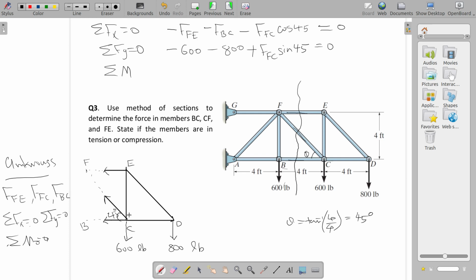So if I take moment about C, I have FFE. What is the perpendicular distance between line of action of FFE and C? This is the line of action of FFE, right? This horizontal line. What is the distance between line of action of C and FFE? That's 4 feet.